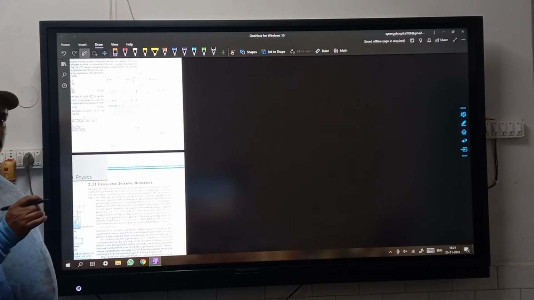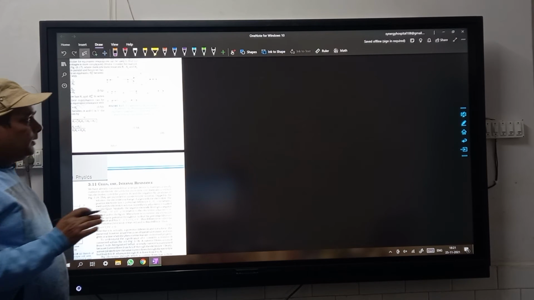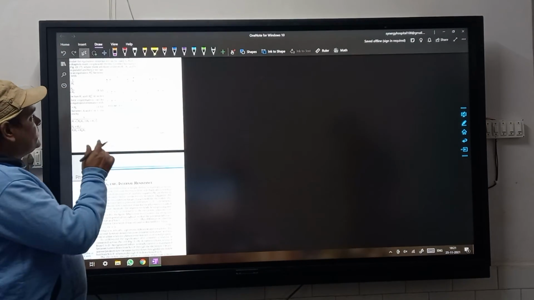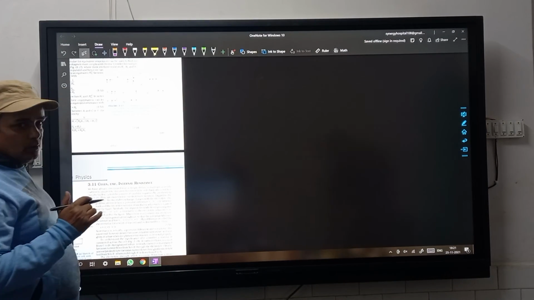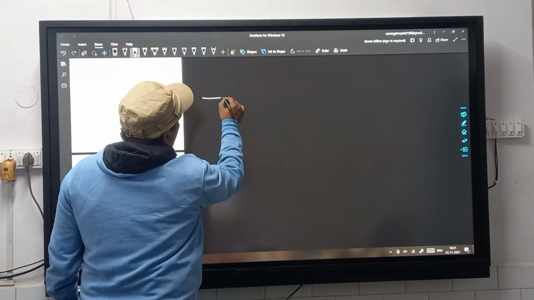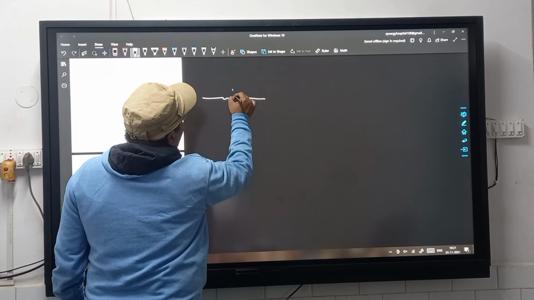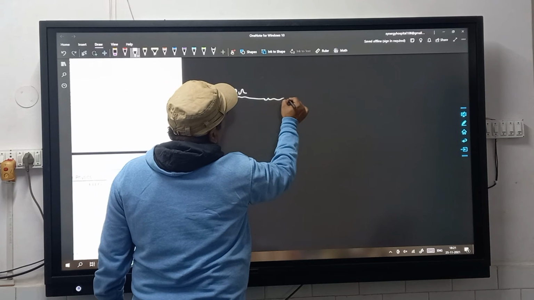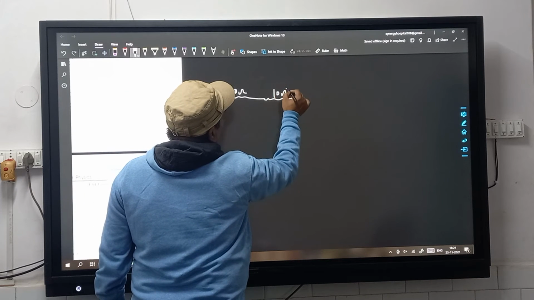Suppose I am giving an example of calculating the equivalent resistance in a circuit. How? Suppose this is a resistance of 10 ohm connected along with another 10 ohm.